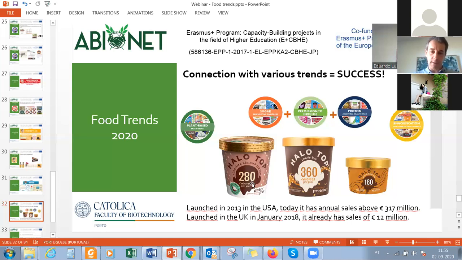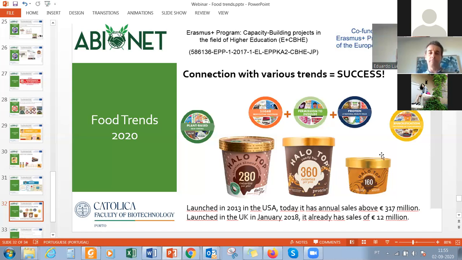They mix the plant-based, the less sugar, some permission to indulge, more protein, and the snackification, so small portions. Some of them are dairy-free, some are high protein.